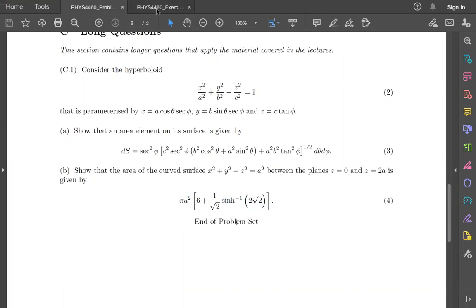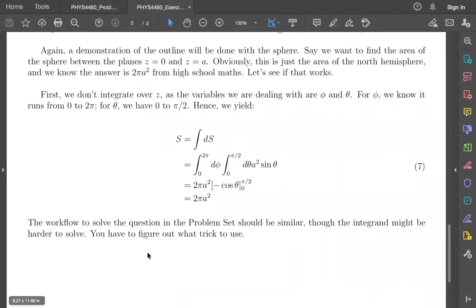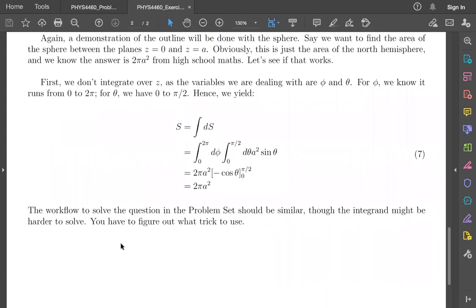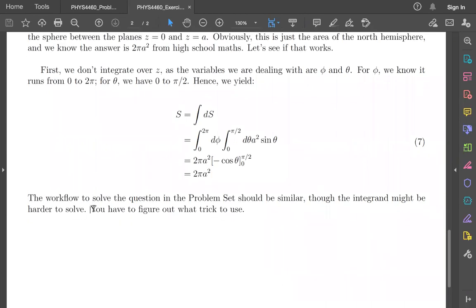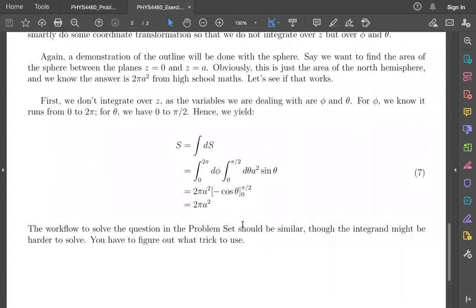So rather than just integrating so naively like this, maybe you would want to figure out some trick to do the integration. This is something that I want to remind you. But basically the workflow is like this, right?